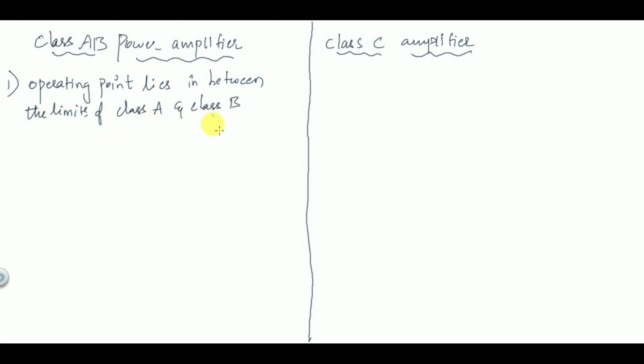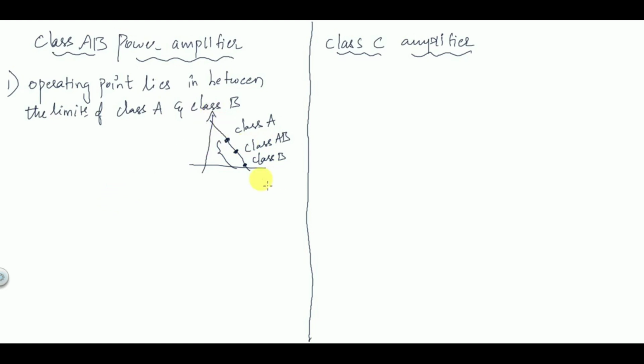If this is your DC load line, then in the middle you have the operating point for class A power amplifier, and almost near to cutoff you have the operating point for class B power amplifier. In between these two lies the operating point in the case of class AB power amplifier.